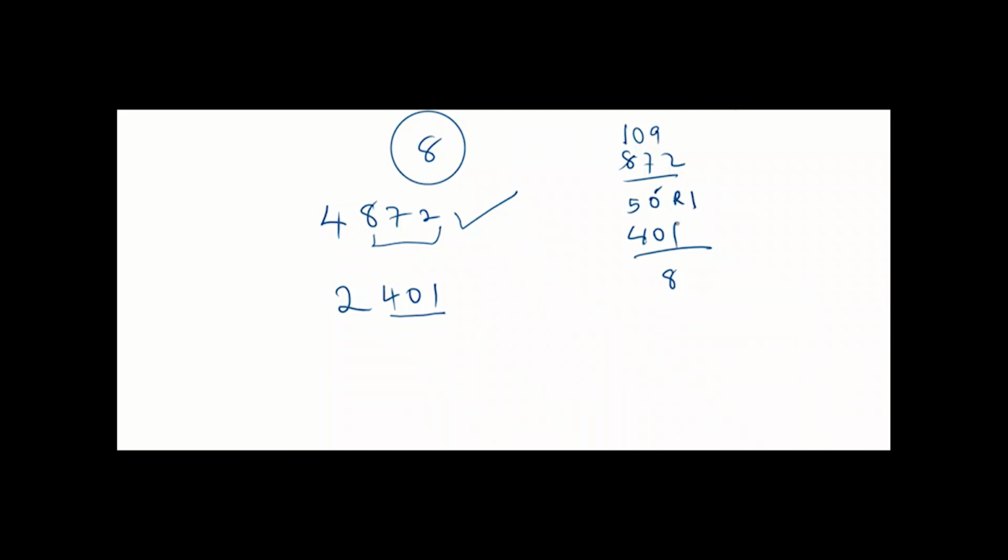So it is impossible for us to get a whole number. So 401 is not divisible by 8. Since 401 is not divisible by 8, then that means 2,401 is not divisible by 8.